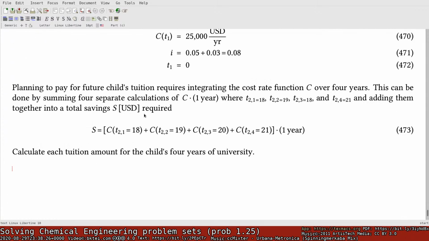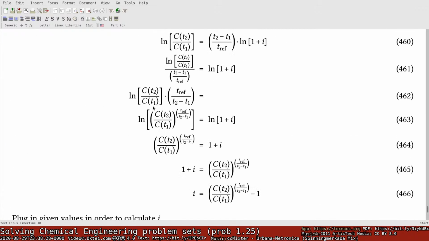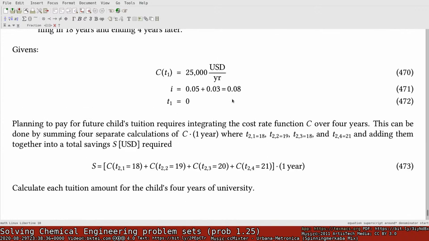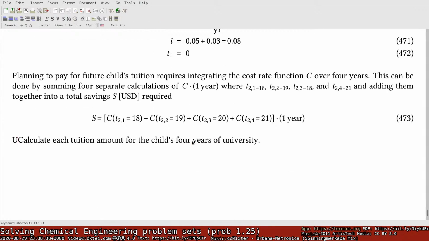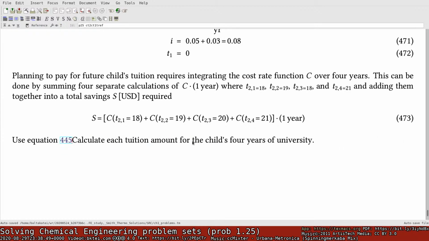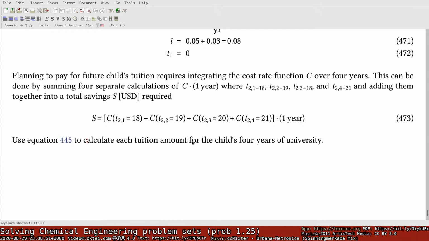So do we have an equation? I'll use the same Tref. Use the equation from problem 25, CT2, CT1, Tref, to calculate. All right.